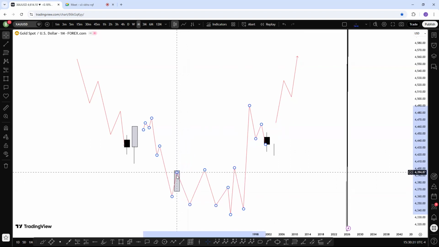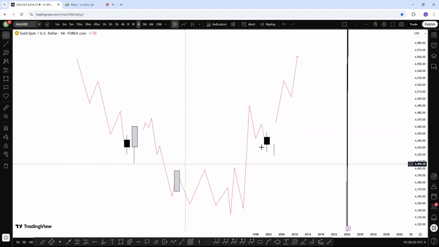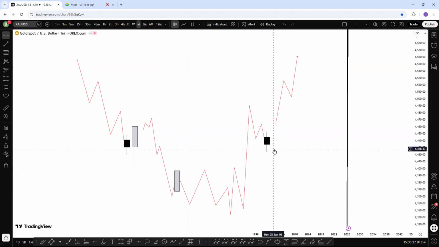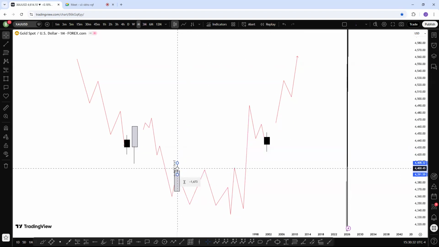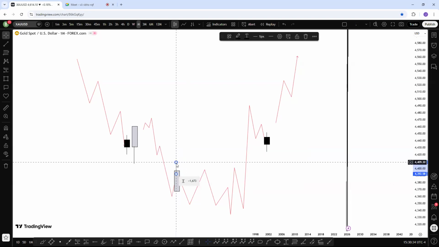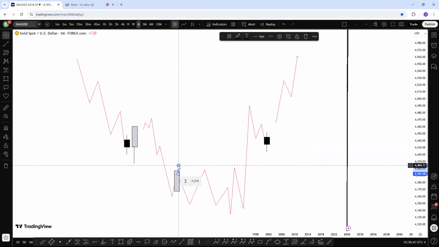The chart is here, and then this candle has a high. It has a high.